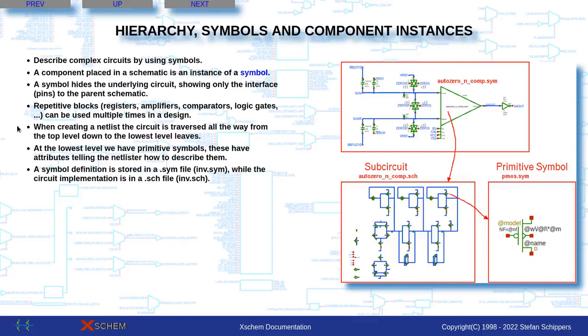So when creating a netlist, the circuit is traversed all the way down from the top level to the leaf levels, and all the blocks are netlisted into a file. At the lowest level we have primitive symbols. Primitive symbols do not have a corresponding schematic. We simply tell Xschem how to translate a primitive symbol into a netlist line the simulator understands.